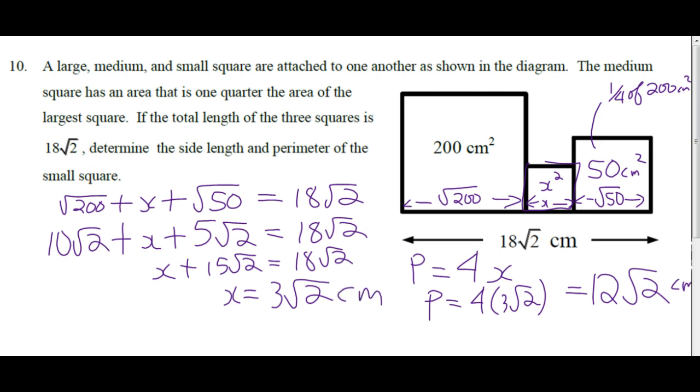So the side length is 3 root 2 centimeters. The perimeter is 12 root 2 centimeters. They are exact values. You will always state an exact value unless you are told rounded to the nearest whatever. Done, right?